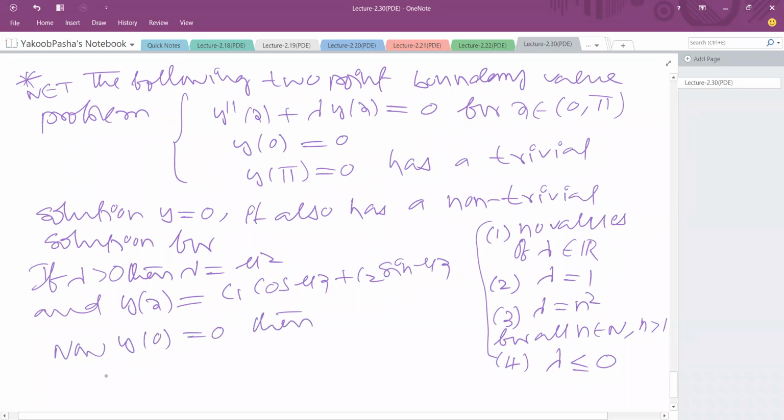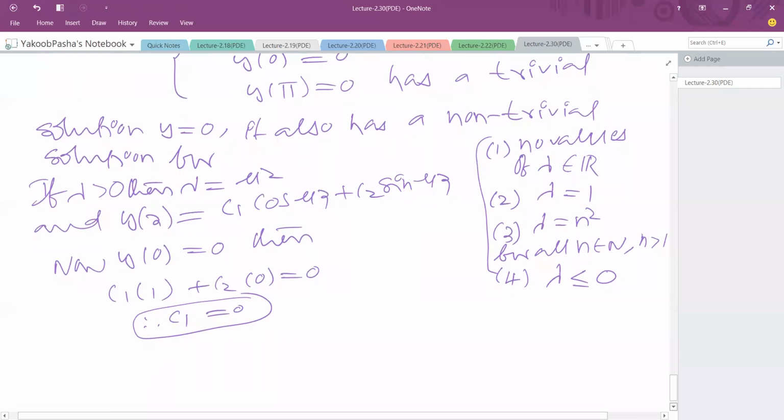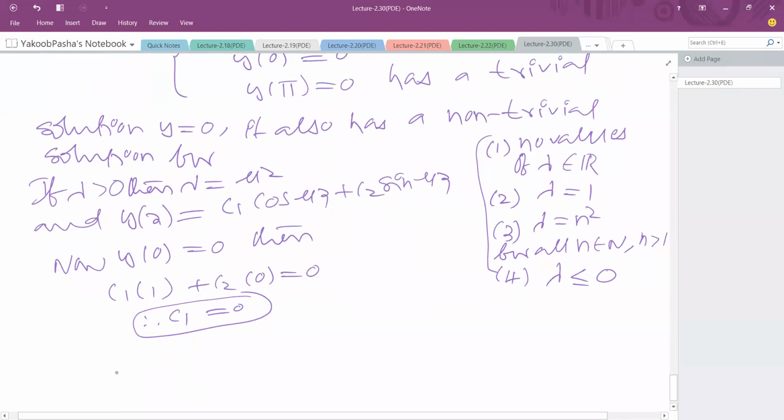When y of 0 equal to 0, C1 cos 0, sorry, cos 0 is 1, plus C2 sin 0, which is 0, is equal to 0. In this case, we can say that C1 is equal to 0. Now put in this value. Solution: y of x is equal to C2 into sin mu x.